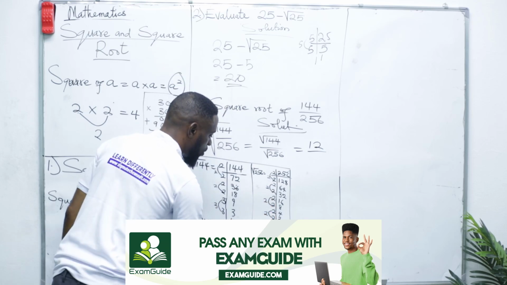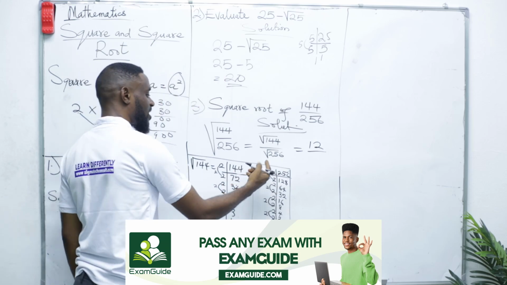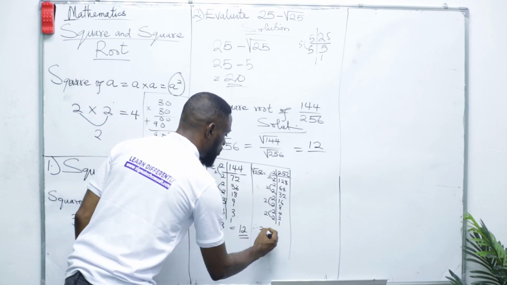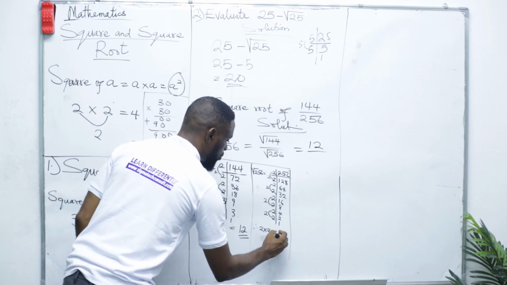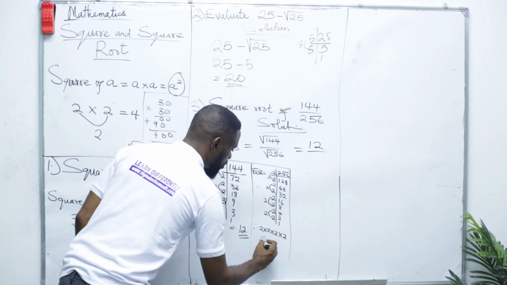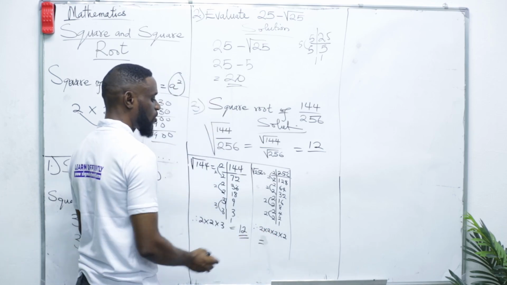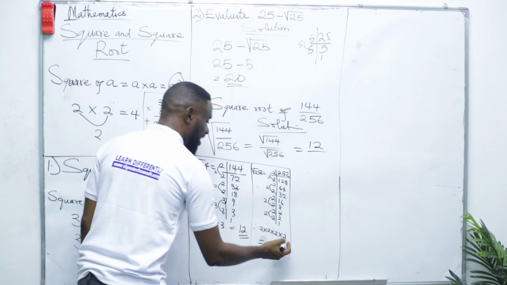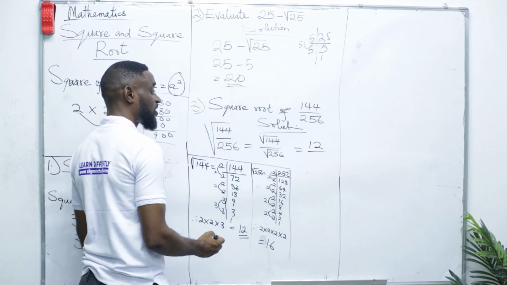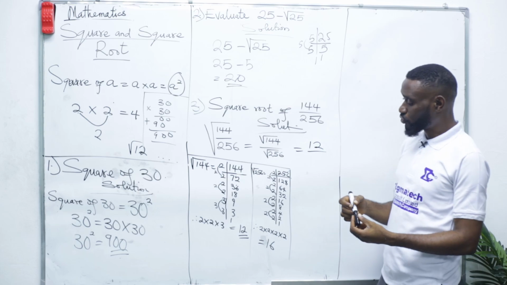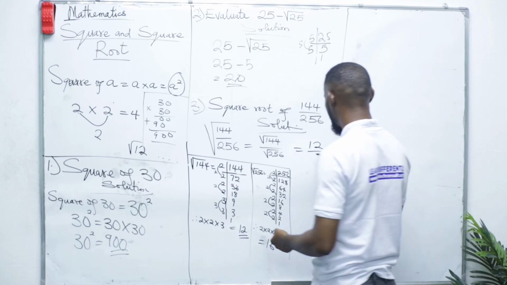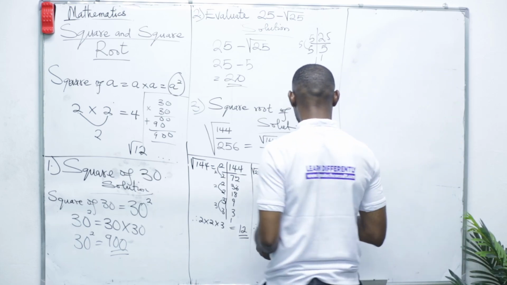So we say, therefore, the square root of 256 is this 2 multiplied by this 2, multiplied by this 2, and multiplied by the last 2, which will give us 2 times 2 is 4, 4 times 2 is 8, 8 times 2 is 16. So the square root of 256 is 16. Do you see this now?